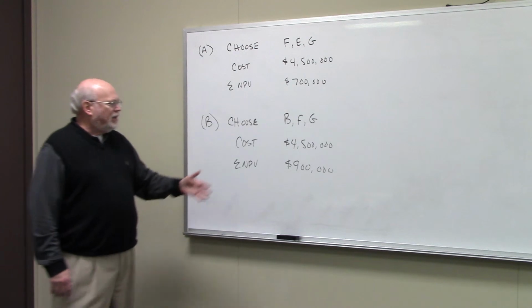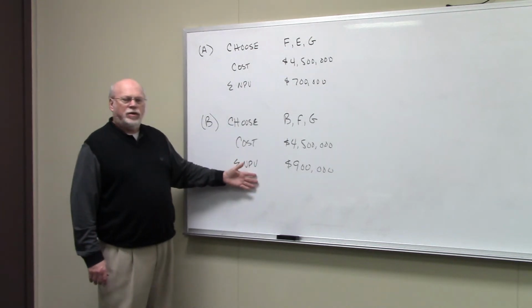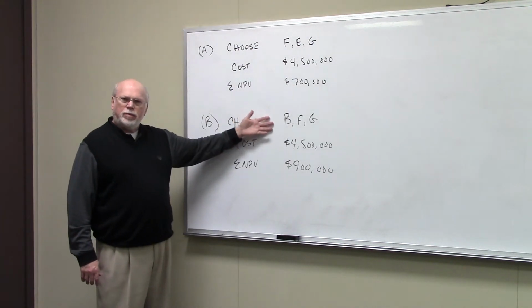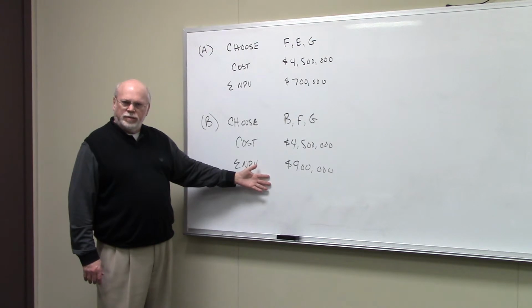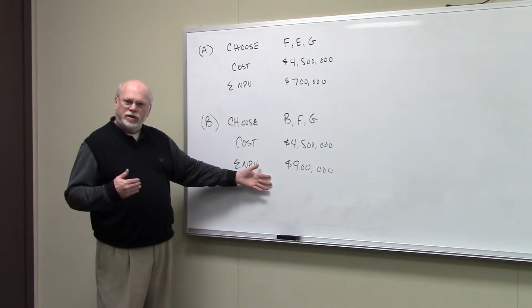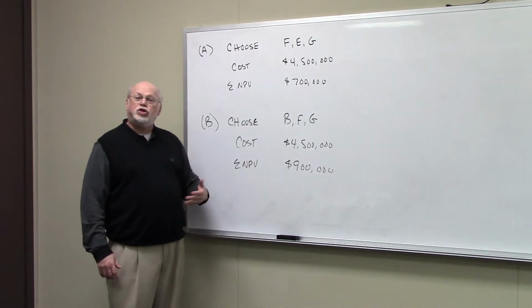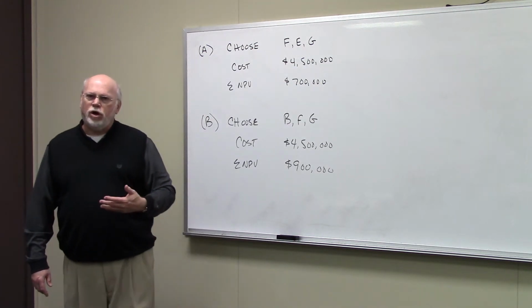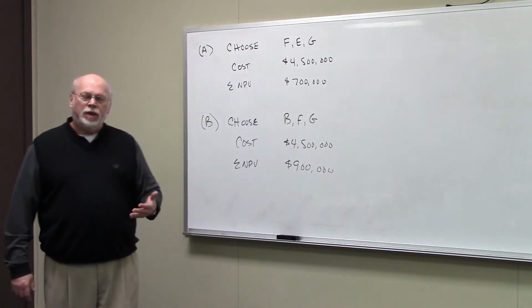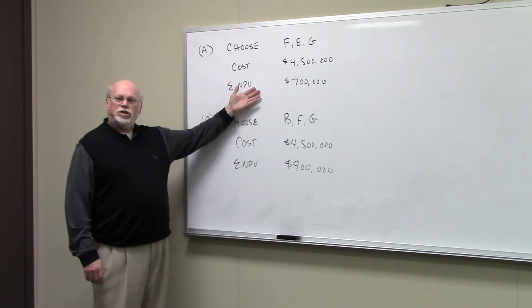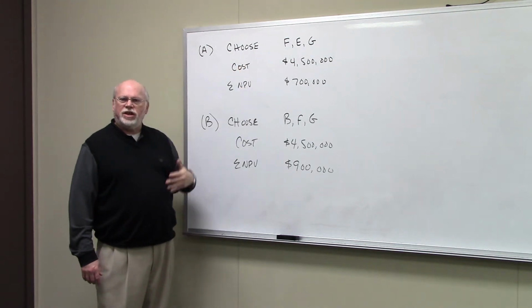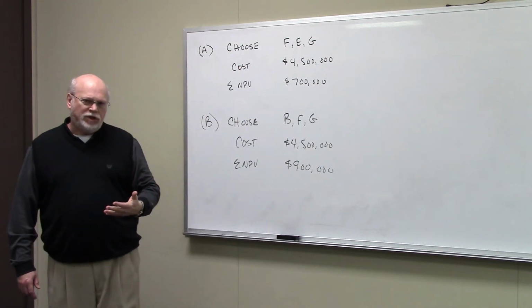The other logic of choosing net present value is that, remember, you have to reinvest the cash inflows every year. With net present value, you assume you reinvest those cash flows somewhere to earn the cost of capital. With internal rate of return, these projects have higher rates of return.